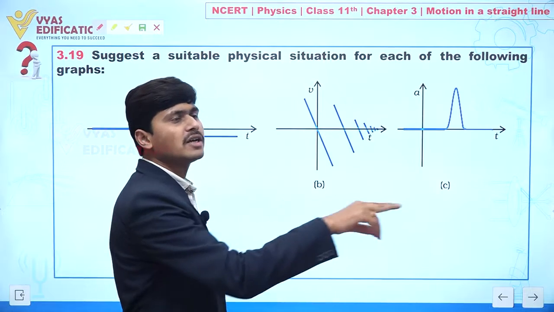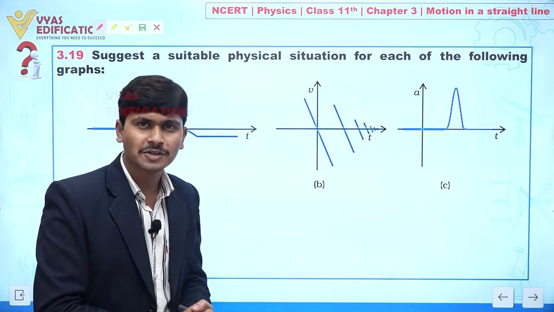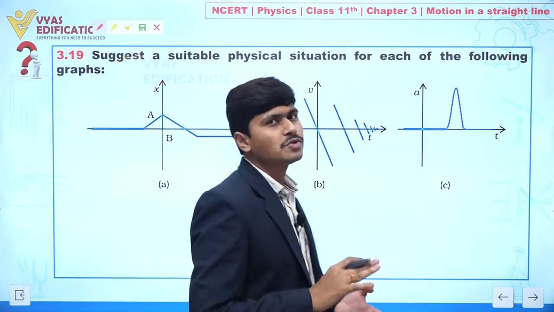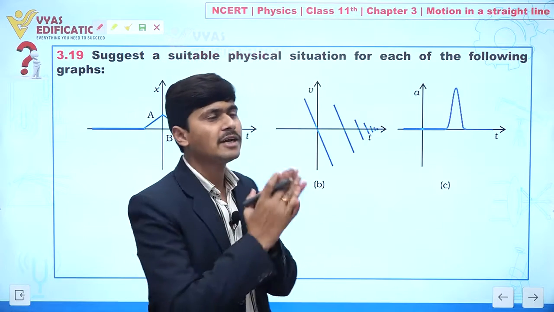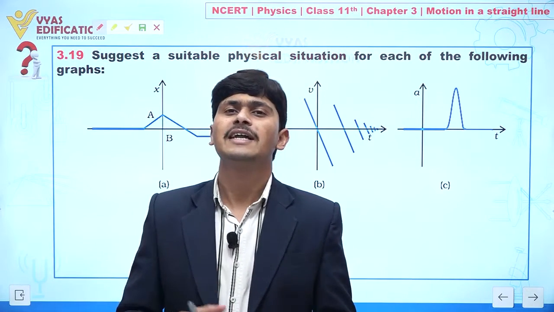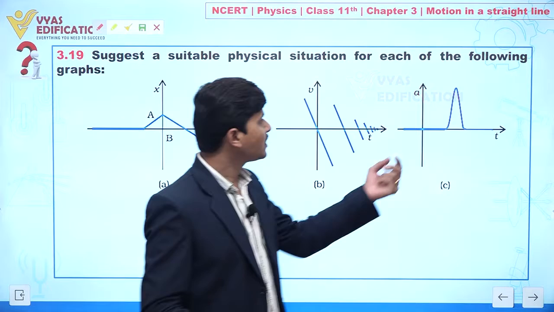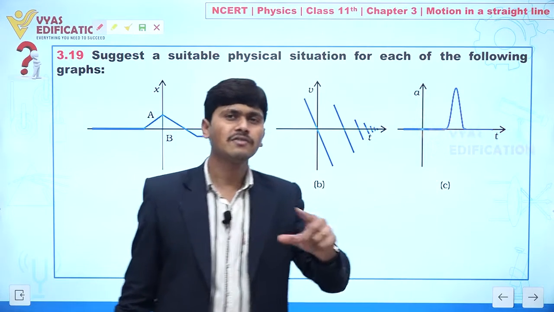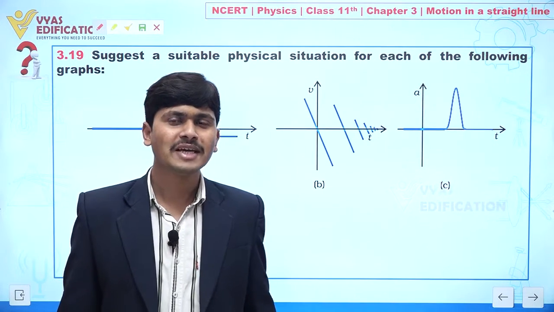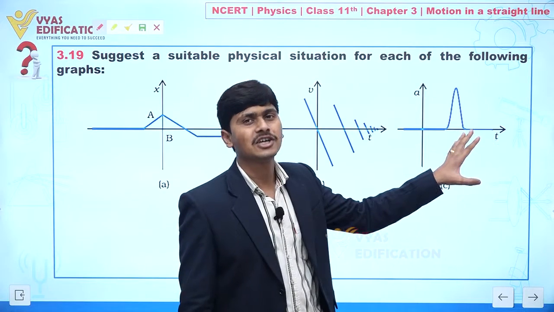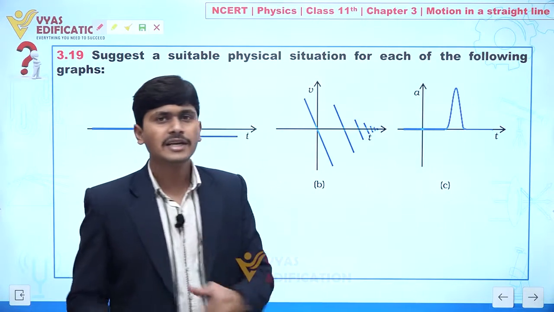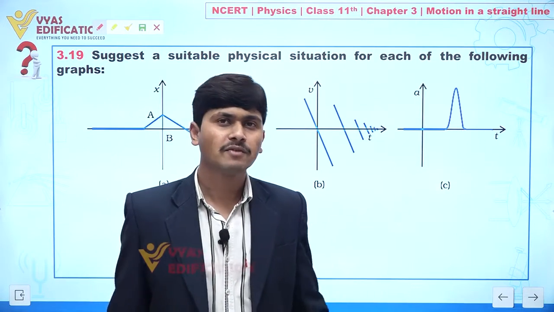The ball is going with some uniform speed, but when it reaches the batsman, the batsman hits the ball and there is a sudden change in acceleration. Whenever there is a sudden change in acceleration within a short interval of time, that is jerk.